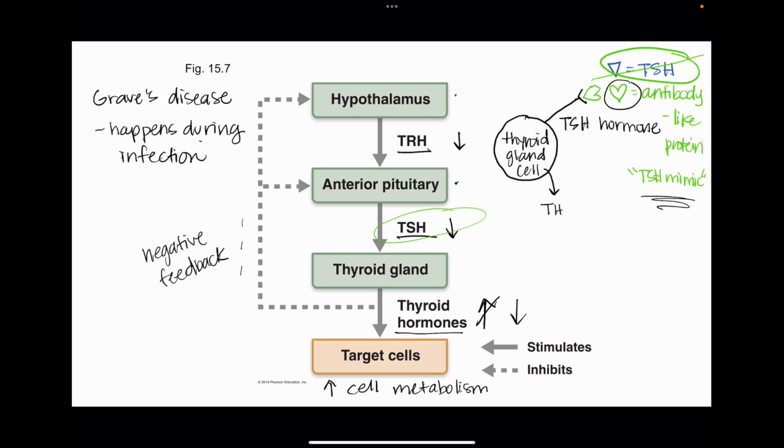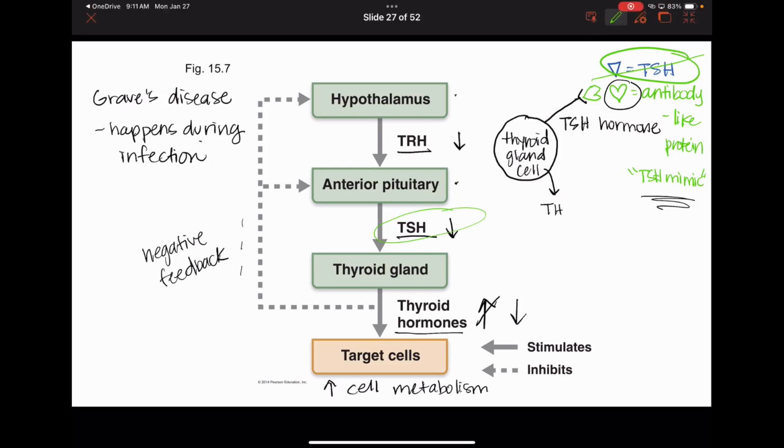Okay? So with these people that experience Graves' disease, the signs and symptoms of these, and this is a good place to talk about the difference between signs and symptoms.